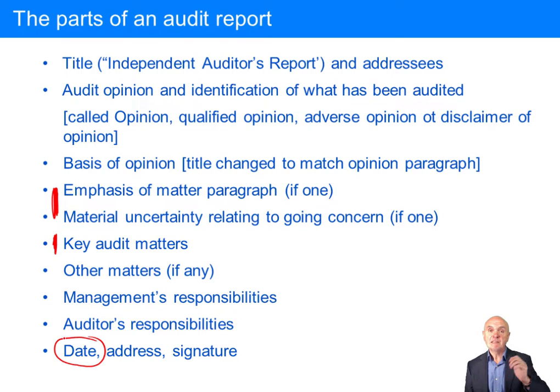So if something is brought to their attention, which maybe says that the financial statements actually did have a material misstatement, then they would think about maybe trying to correct the audit report, have the financial statements reissued, and so on. But you must know these typical parts of an audit report.